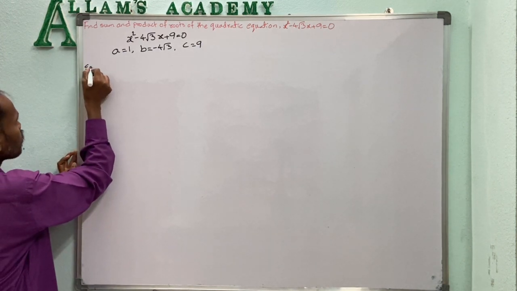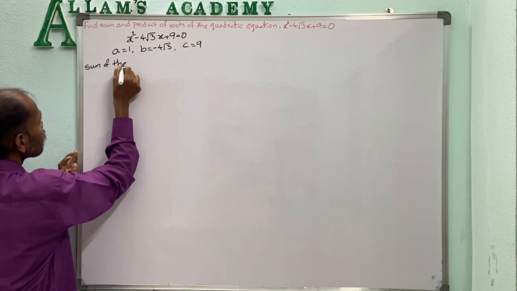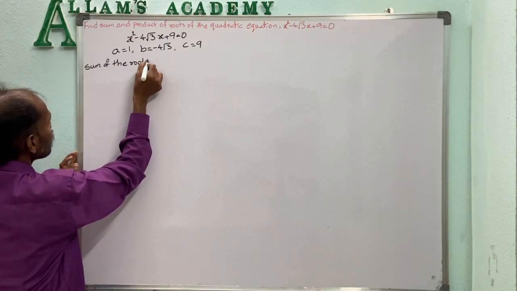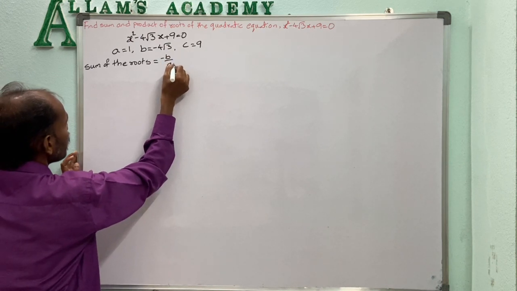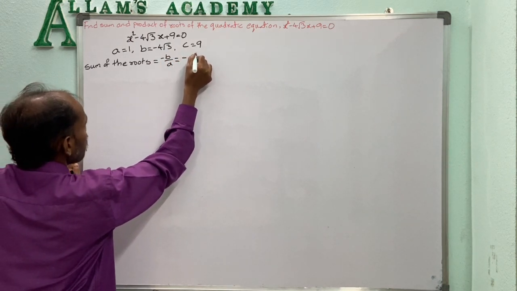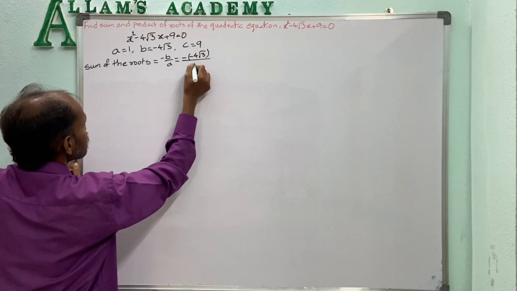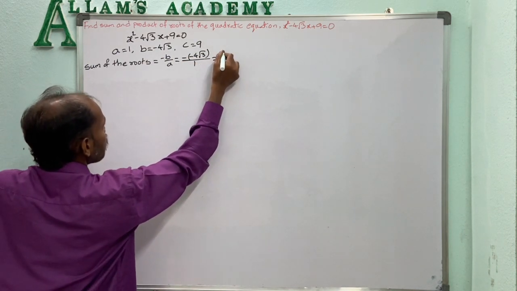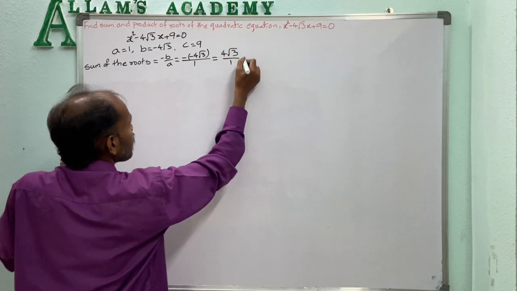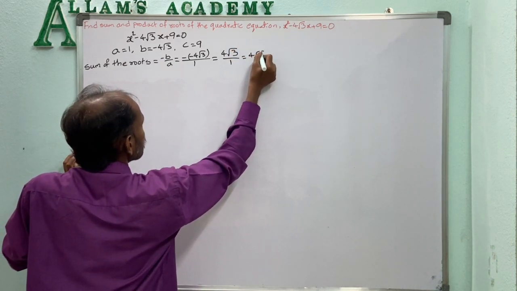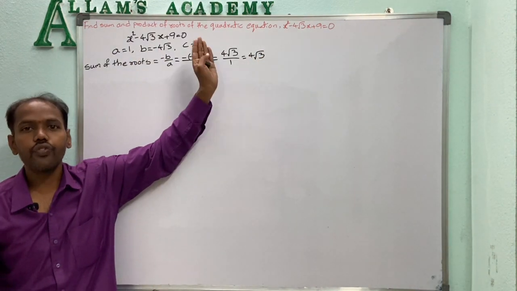So sum of the roots is nothing but minus b by a, that equals minus of minus 4 root 3 by a, which is 1. So minus of minus 4 root 3 is plus 4 root 3 by 1, that equals 4 root 3. So the sum of the roots is 4 root 3.